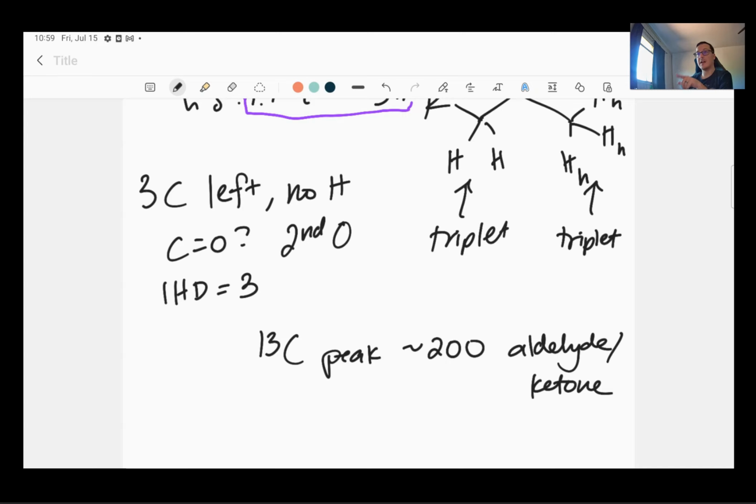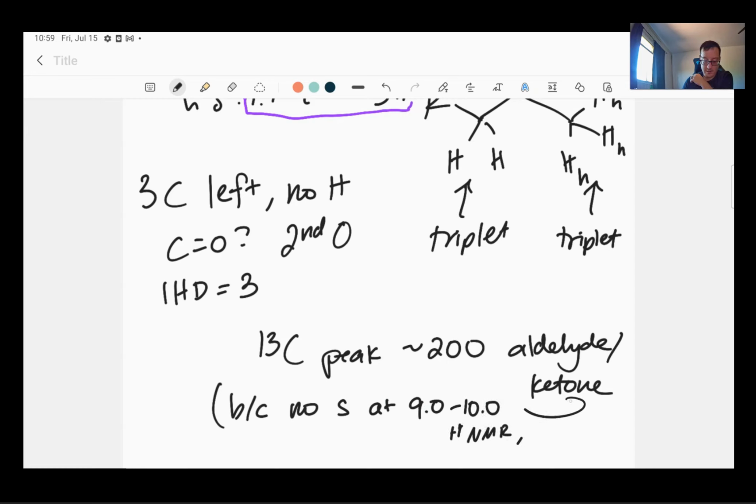We don't see an aldehyde because we would expect on proton NMR we would see something at 9 or 10. A singlet at 9 or 10 is your very strong indicator of an aldehyde. So because we have no singlet at 9 to 10 on HNMR, then it's got to be a ketone. Cool. And we already knew we have a C double bond O, but now we know it's a ketone.